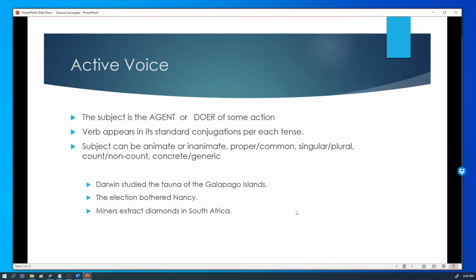Here are some examples. Darwin studied the fauna of the Galapagos Islands. So Darwin is the subject. It is a proper noun because there's a capital D and it's the name of the person. The verb is studied, so that is the action that Darwin did.